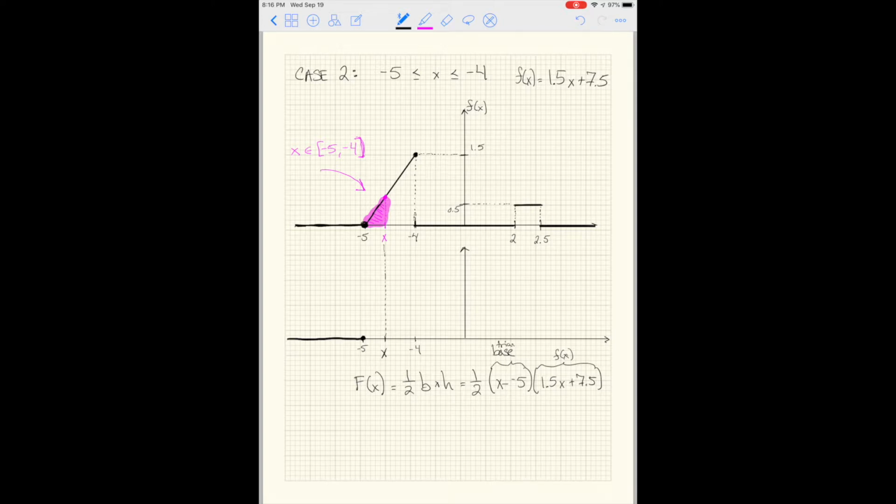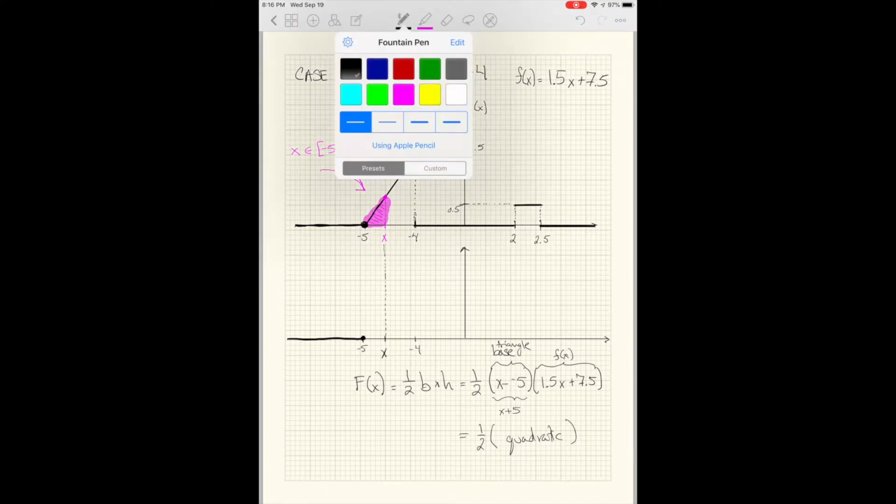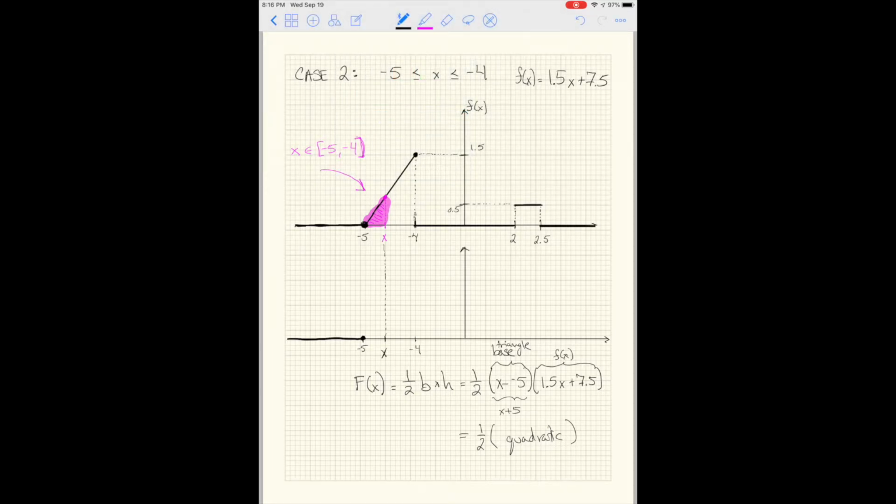So this becomes x plus 5. And so you can imagine if you FOIL all of this out, you would end up getting a quadratic expression here, and that will end up looking something like this.